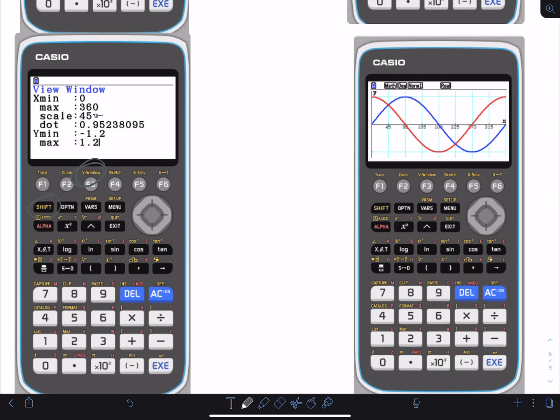The y values, remember, the minimum y value for sine or cosine is -1. And the maximum is 1. Now, instead of making it super close, I made it a little bigger on either end so I can see it nicely.